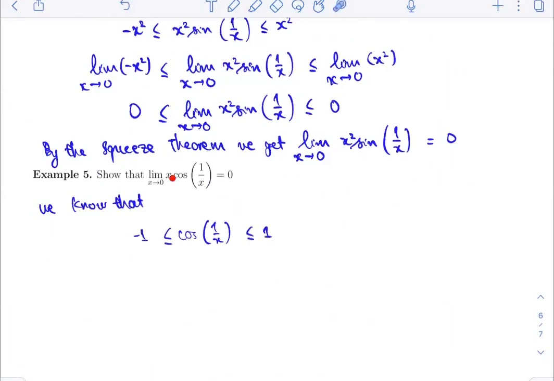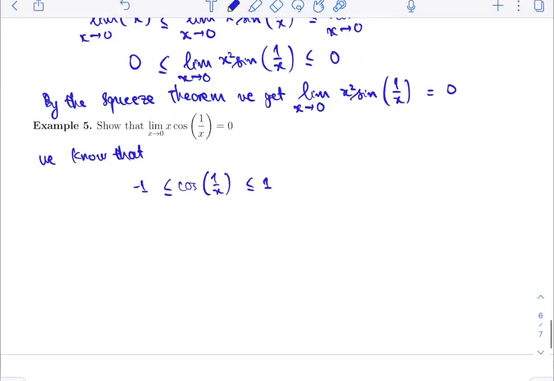And to obtain the function x times cosine of 1 over x in the middle of this inequality, I'm going to multiply every term in the inequality by x. I obtain -x less than or equal to x times cosine of 1 over x less than or equal to x.